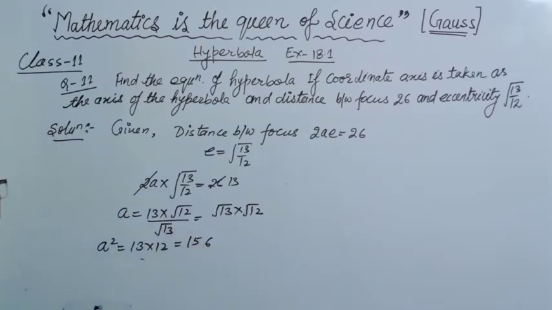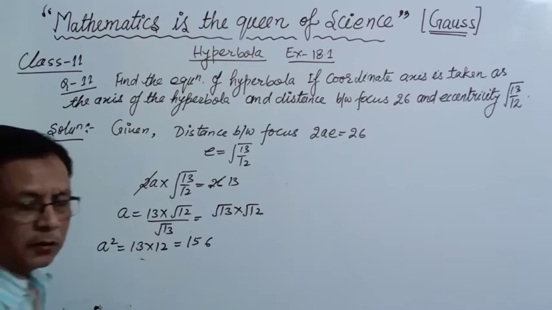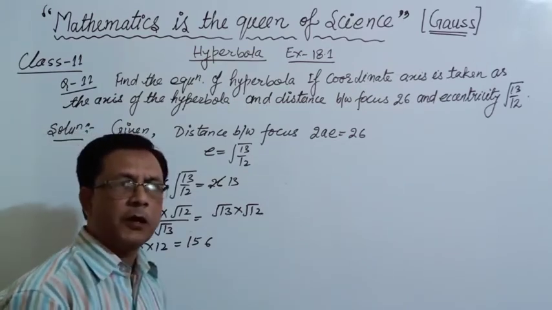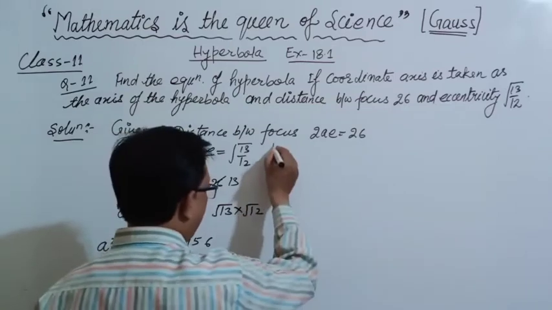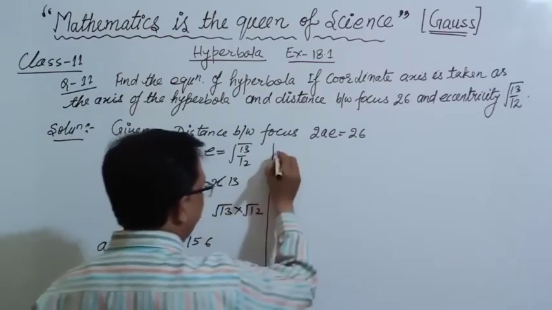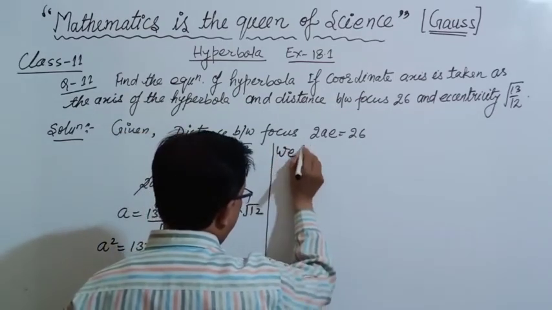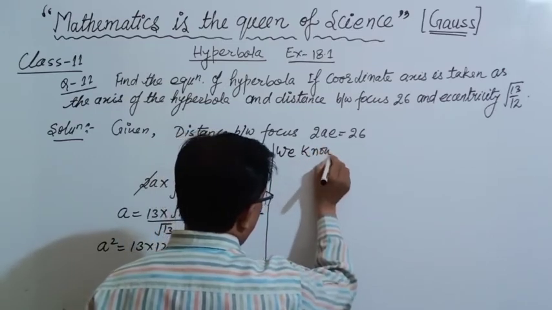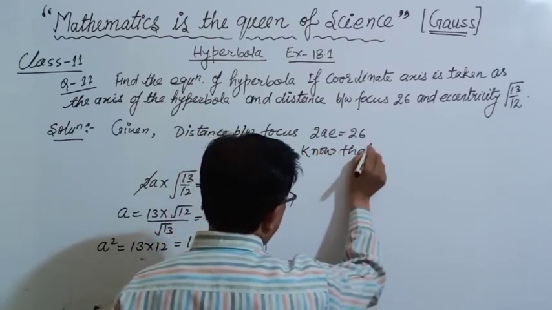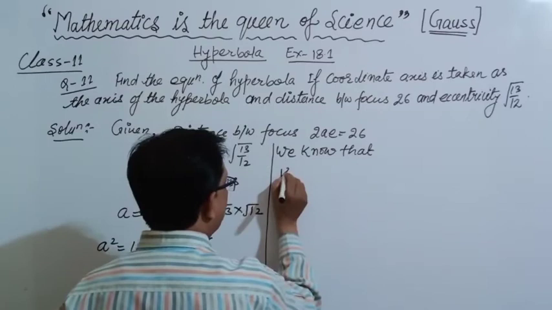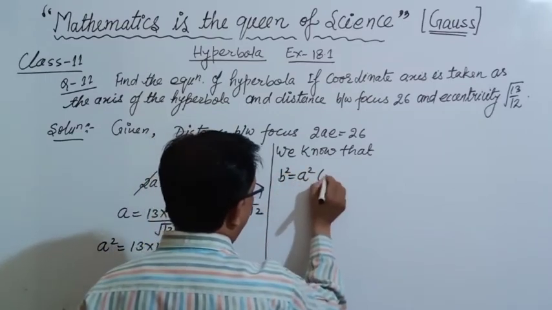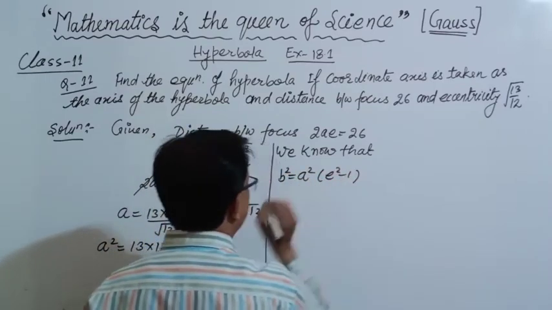Now we find the value of B square by the eccentricity formula. So what is the eccentricity formula? We know that B square is equal to A square into E square minus 1.